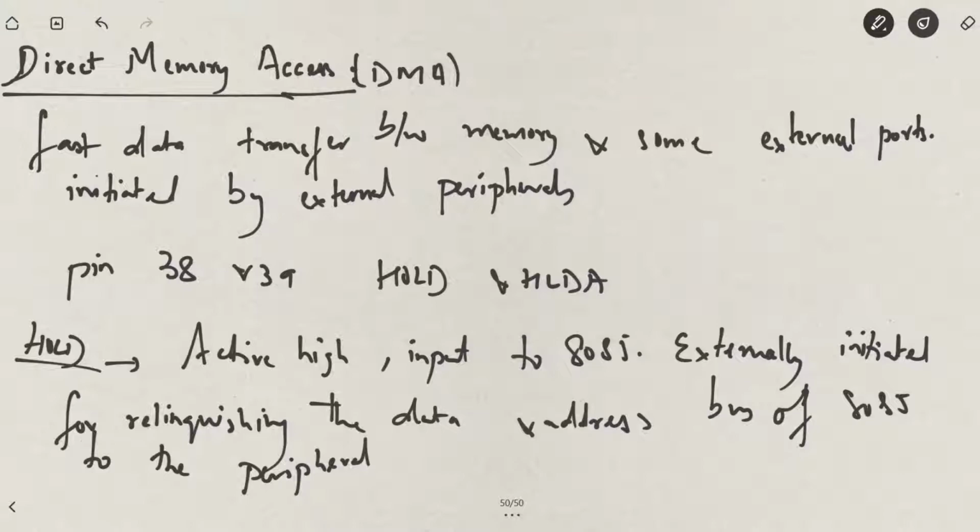Once this request is processed, the buses will be tri-stated: the data bus, the control bus, the address bus. And the HLDA signal, that's another pin that we are using in the microprocessor, is sent out. Only after HOLD becomes low again will the microprocessor be able to take control of the buses.